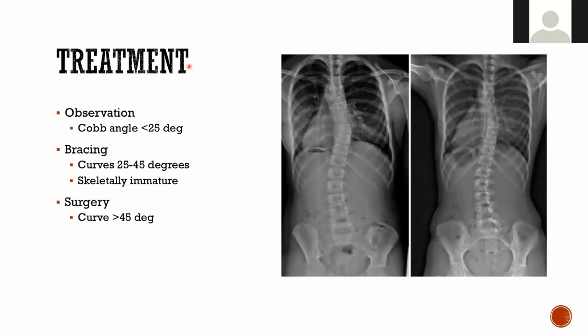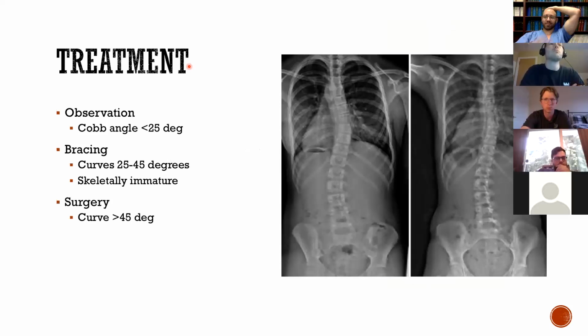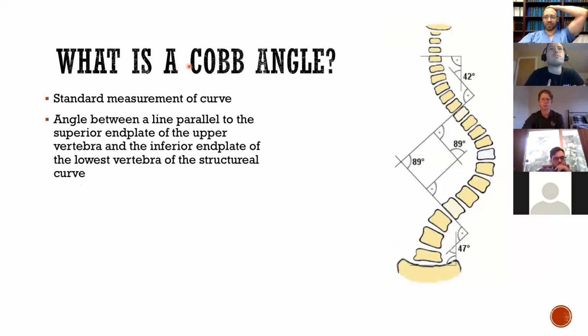So kind of moving on into treatment, and this is largely general type things, but in general, Cobb angles of less than 25 degrees. What was that? I want to add something. Is everybody measuring the same, or is there some type of inter-observer difference? Yeah, there's an inter-observer difference, I wouldn't say large, but it's about 5.